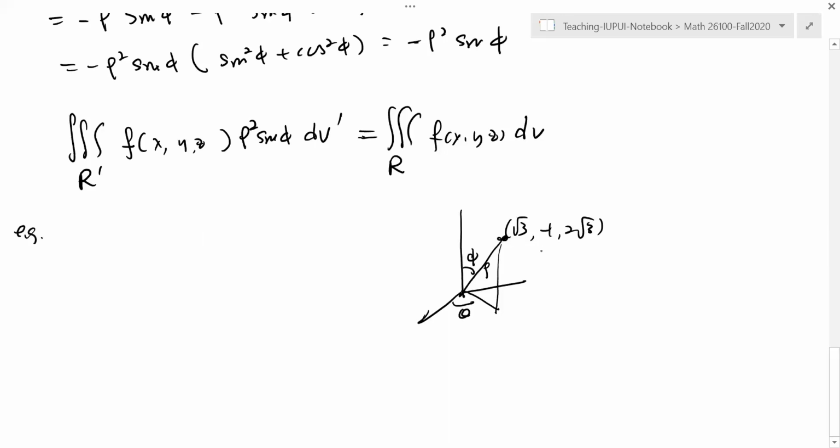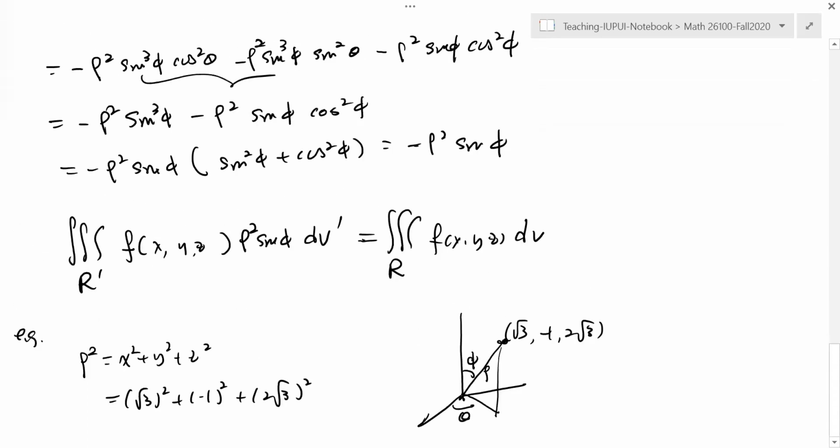Well, this will be x. Based on the above formula, rho square is going to be x squared plus y squared plus z squared, so you can determine that one first. That will be square root 3 squared plus -1 squared plus 2 square root 3 squared.